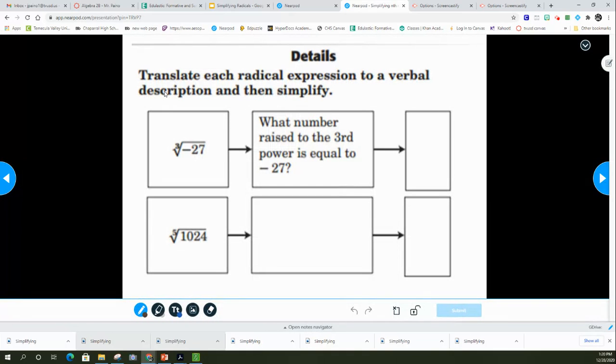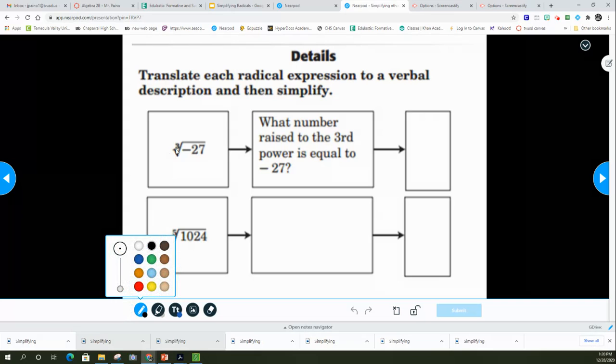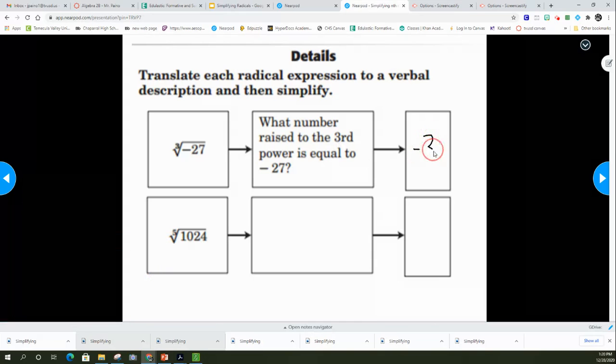All right, so here it says translate each radical expression to a verbal description. In this problem, it says the cube root of negative 27. So this is asking us what number raised to the third power is equal to negative 27. That's going to be negative 3.